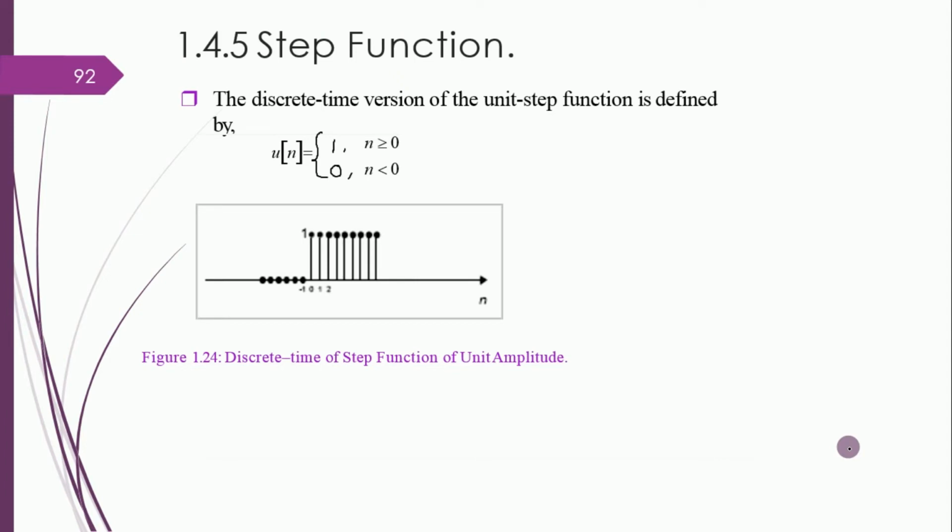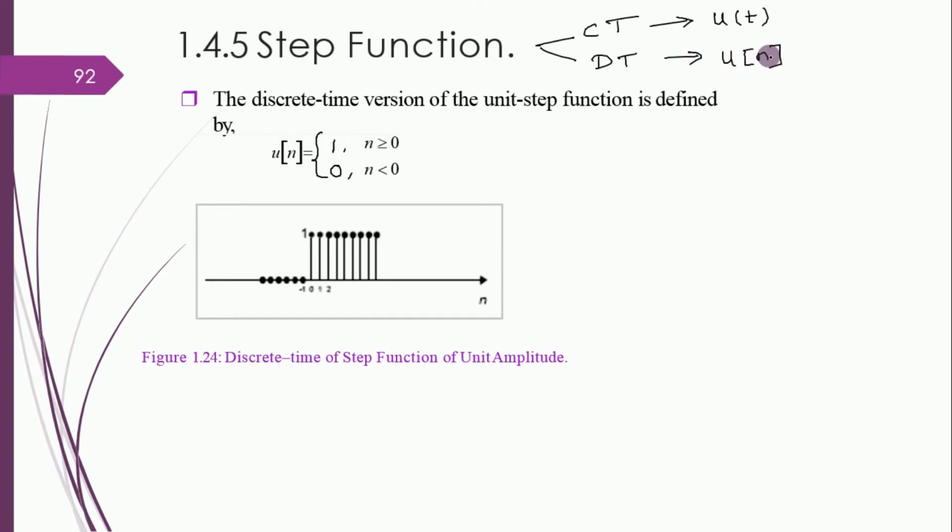Now we shall throw some light on the meaning of the step function. We have both continuous time and discrete time for the step function. The continuous time step function is denoted by u of t, whereas discrete time is denoted by u of n.